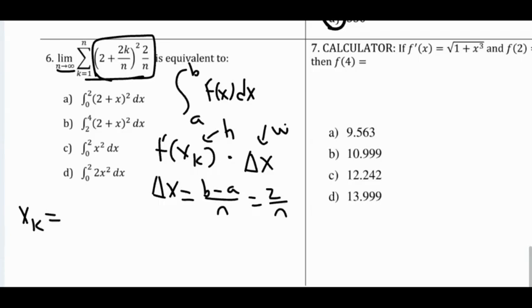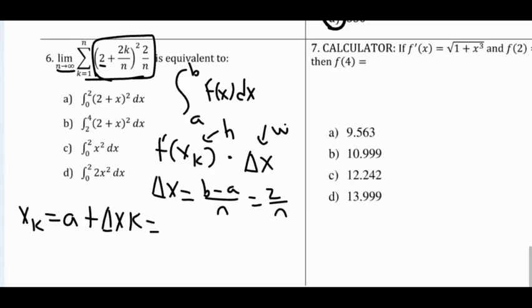X of k can be rewritten as starting from that a, that lower bound, plus delta x times k, not with the subscript of k, times k, meaning that for every k rectangle after a, I'm increasing the x value by delta x. So if I look up here, I'm given that I have a 2 plus a delta x times k.